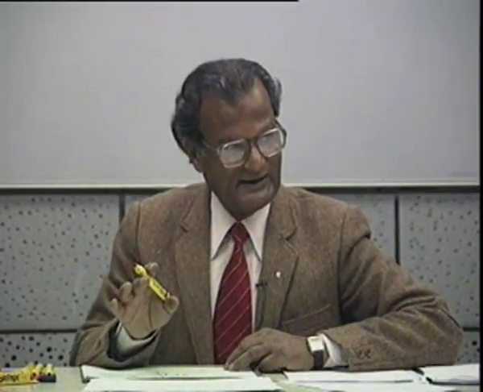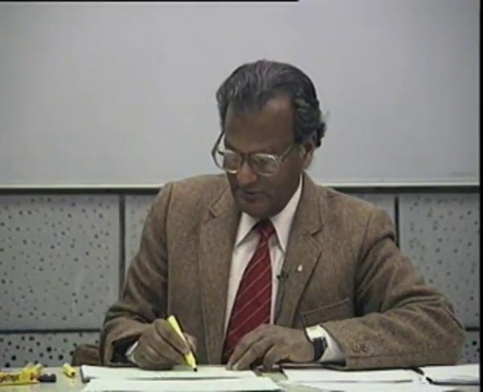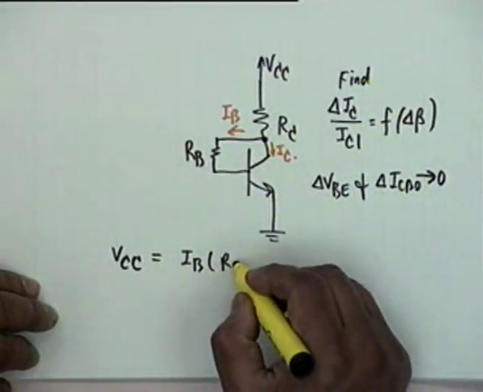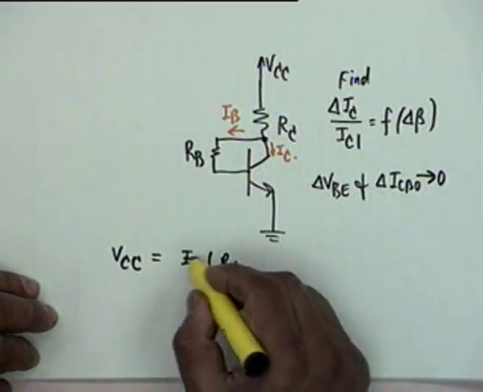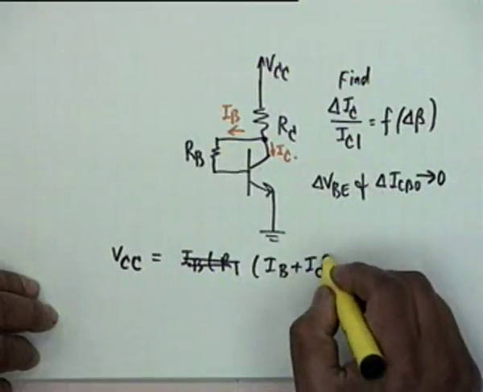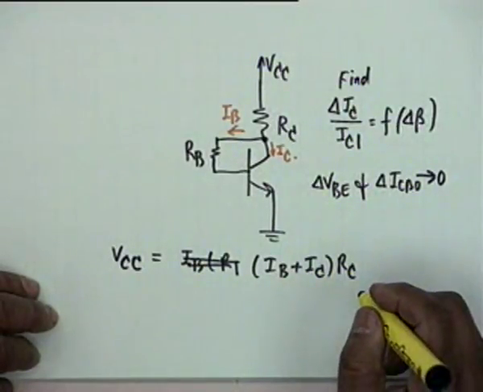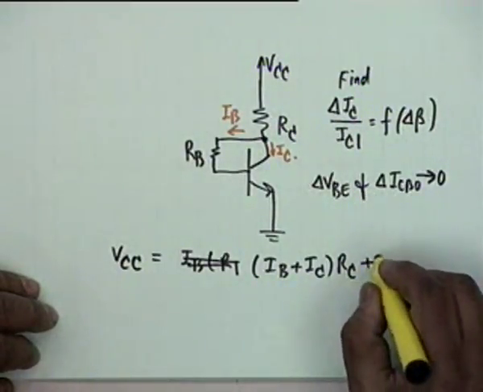We will neglect it at the end, but let us see the general expression. General expression would be VCC equal to, I beg your pardon, I sub B plus I sub C times R sub C, plus VCE.